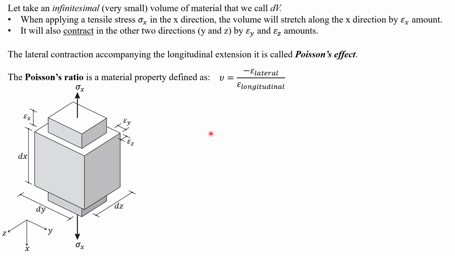So the Poisson ratio for a material property is identified as, now it's not the letter V, but it's Poisson's ratio. Okay, so draw it as a curvy V if you want. Poisson's ratio is minus the strain lateral divided by the strain longitudinal.